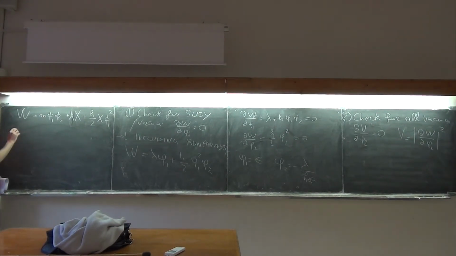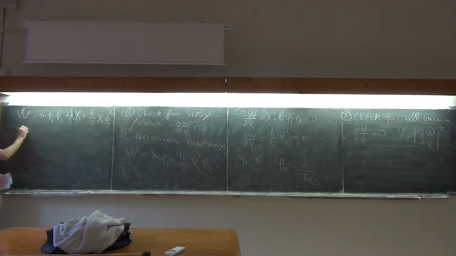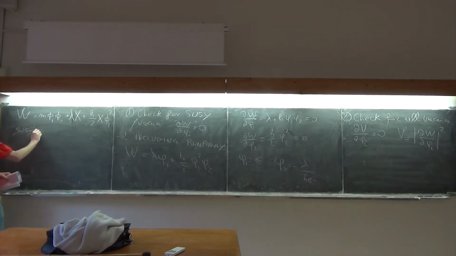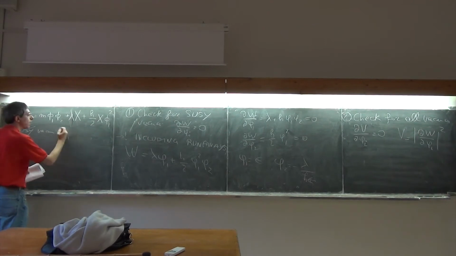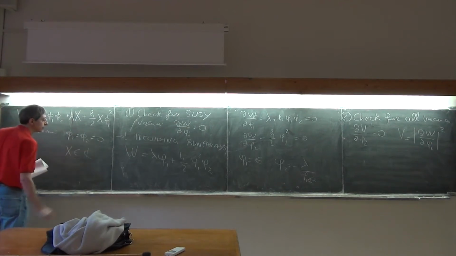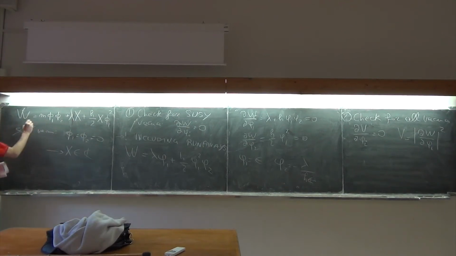But we saw that it has a SUSY-breaking vacuum at phi1 equal to phi2 equal to 0, and X can take any complex value. This is the pseudomoduli space. V is non-zero at that point. V is actually equal to lambda squared, so there is a cosmological term, and there is no supersymmetry-preserving vacuum.